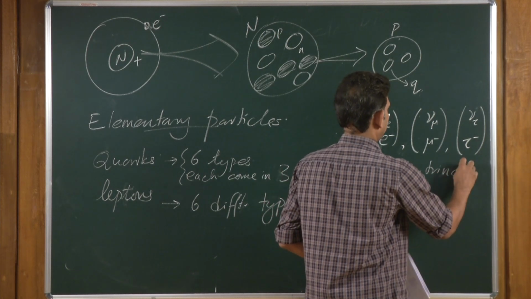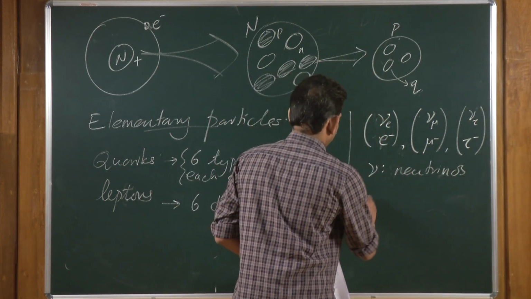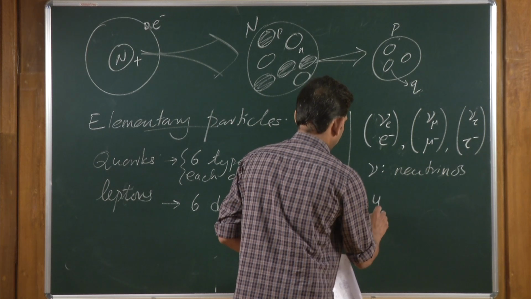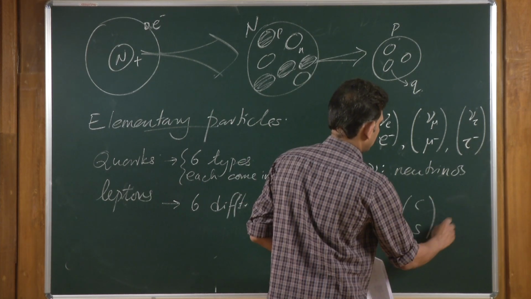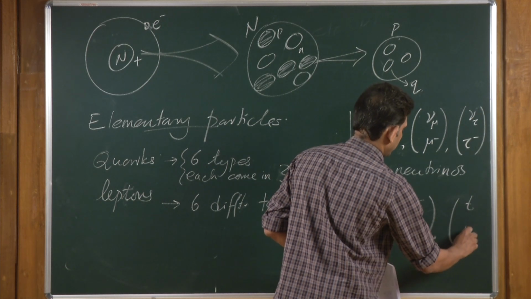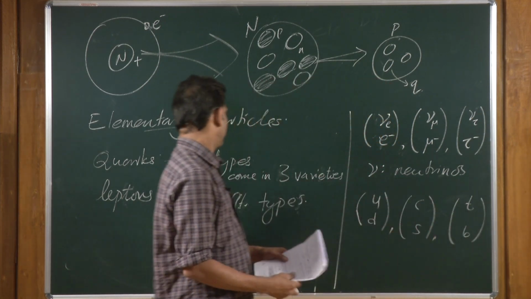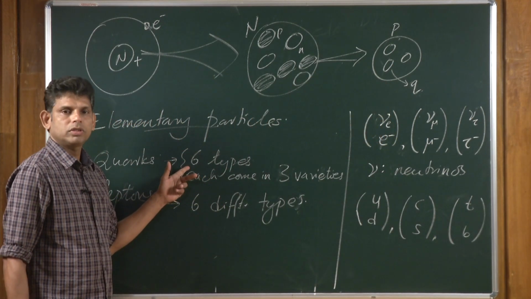They are electrically neutral. When it comes to quarks, there are U, D, C, S, T, B, 6 different types.